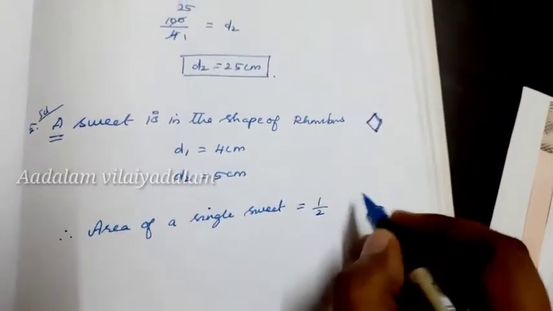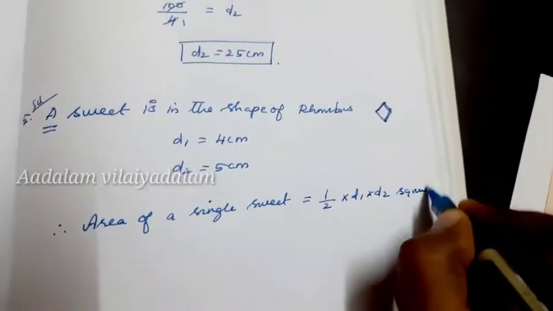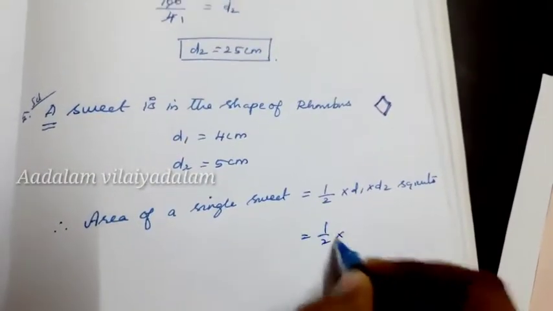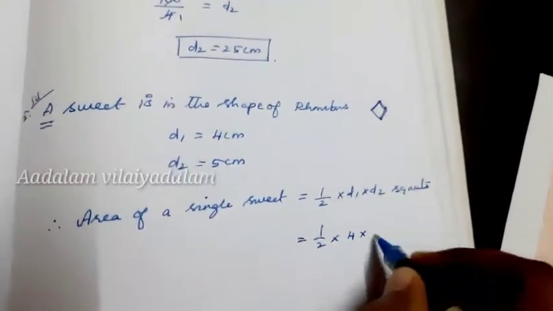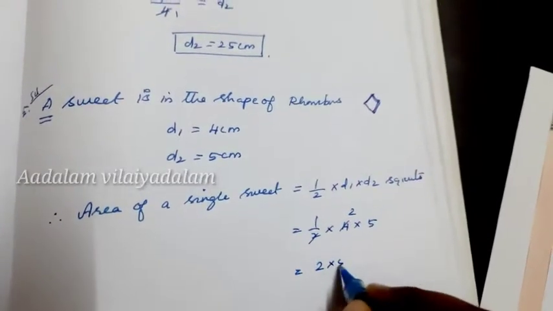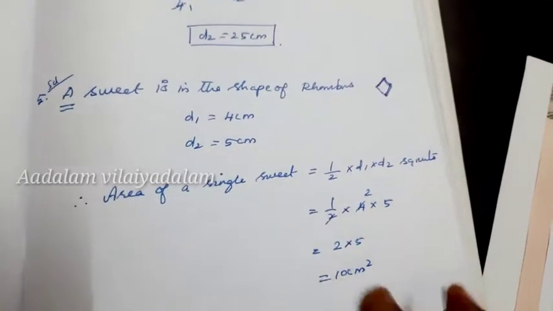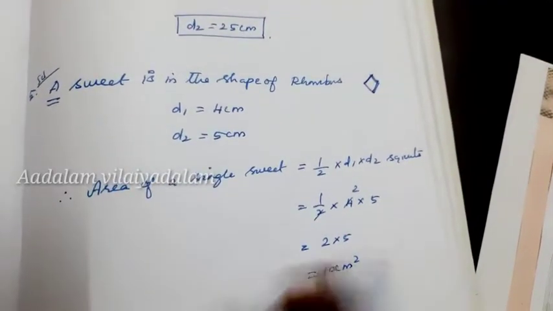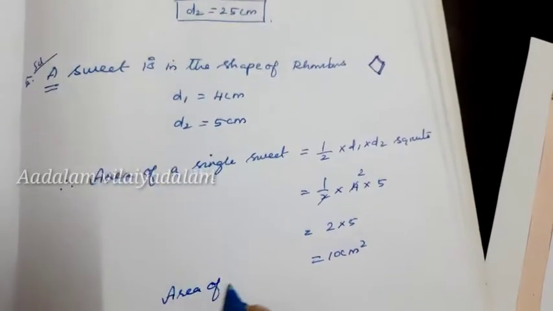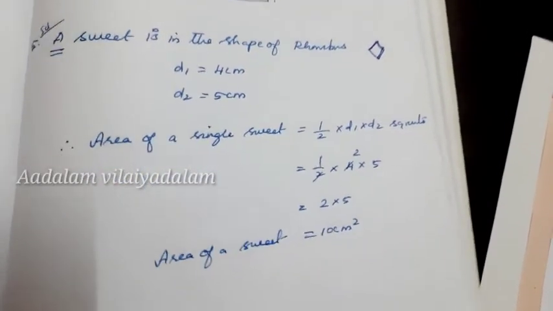Therefore 1 by 2 into d1 into d2 square units, because the sweet is in the shape of rhombus. So 1 by 2 into d1 is 4 and d2 is 5. So if we divide it, we get 2, and 2 into 5 we get 10 centimeter square. So area of a sweet is 10 centimeter square.